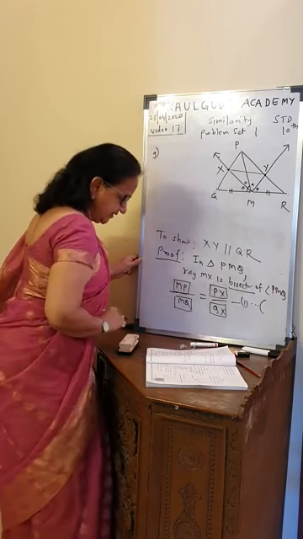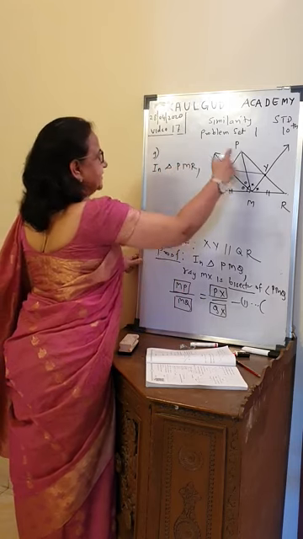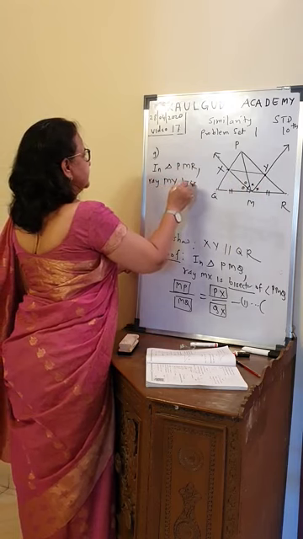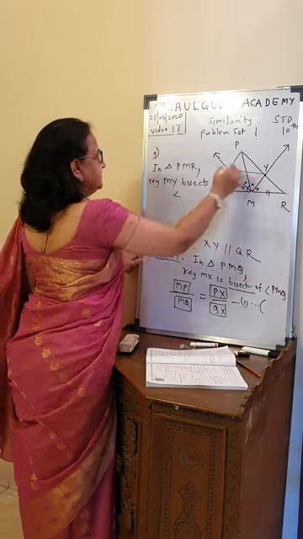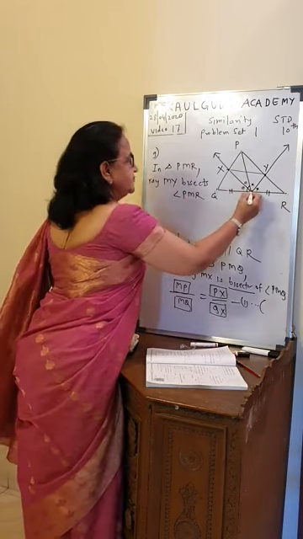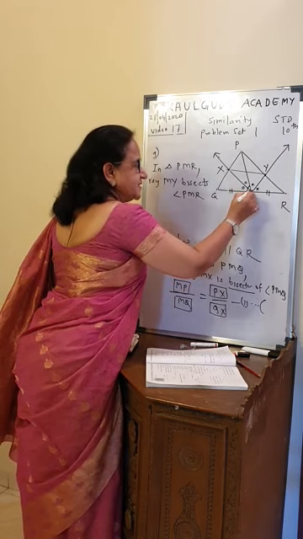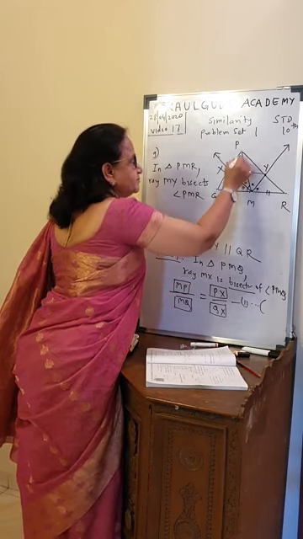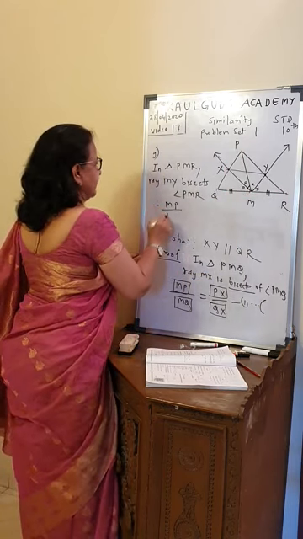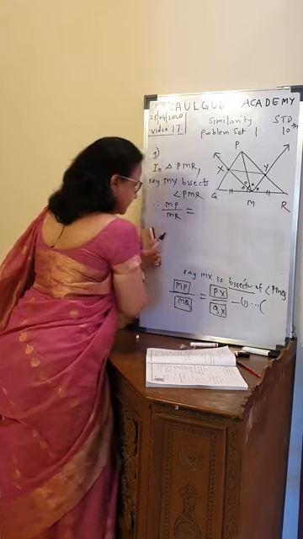Okay. Next. Now they say in triangle PMR, other triangle, ray MY bisects angle PMR. Now MY is the bisector, so bisector starts with M. I will also start with the same letter M. So MP upon MR should be equal to, I will even erase this because you have this written with you.